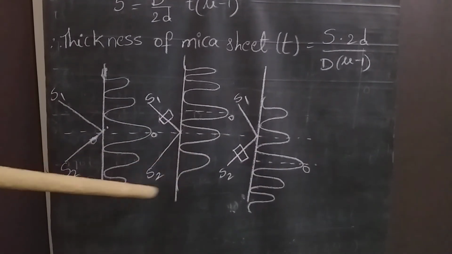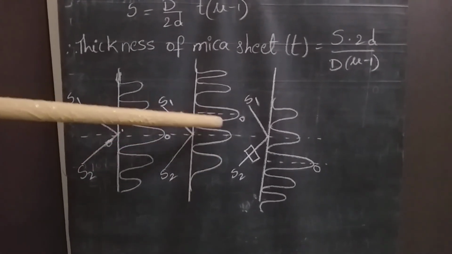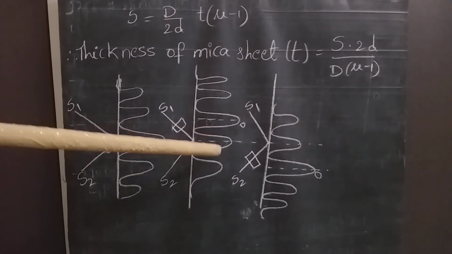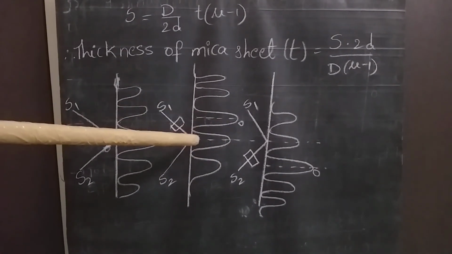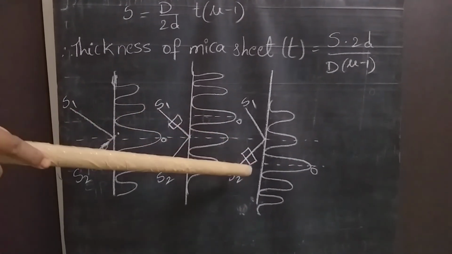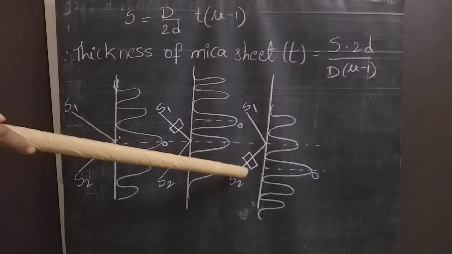Therefore in these three diagrams we can see how shifting of maxima or interference fringes takes place due to placing a mica sheet in the paths of interfering light beams.